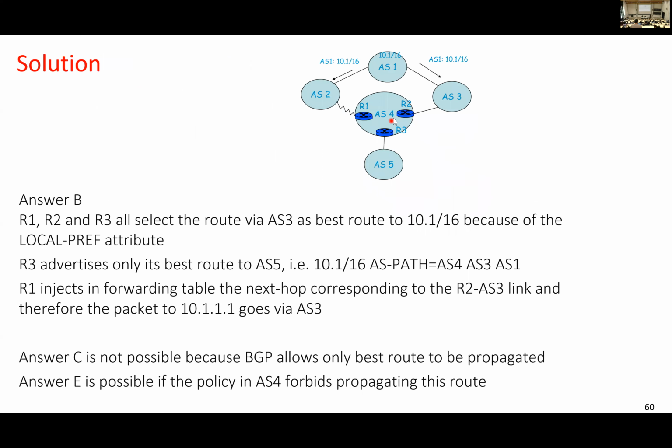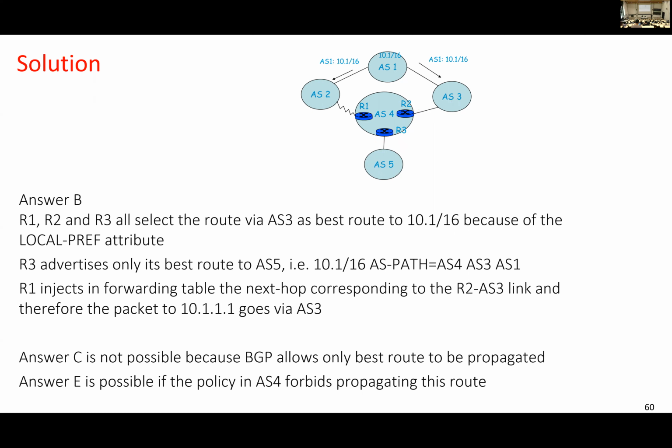So in this case, R2, R1, and R3 have two routes, and they have to choose one of them. So R2, for example, if it receives the route from R1, will see that the local pref of the one it has received from AS3 is higher, so it will prefer it, and therefore R3 will learn only the route that is preferred, which is the route via AS3.